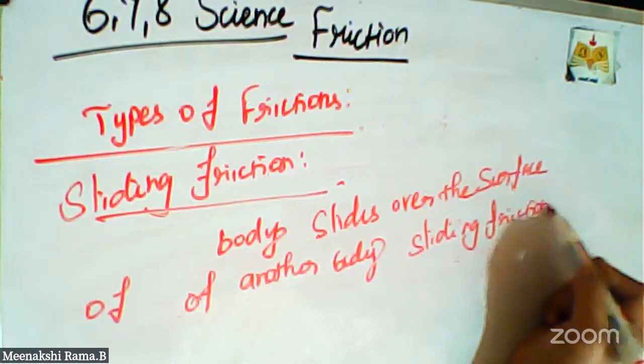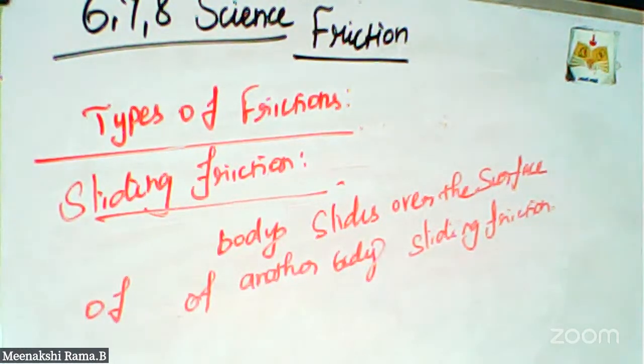Sliding friction means a body slides over the surface of another body. You know the sliding game. Yes, the slide is an interesting game in the playground. Each and every student is always interested in playing on the slide. The friction acts between the surfaces when a body is over the surface of another body. So the friction acting between the surfaces in contact is called sliding friction.